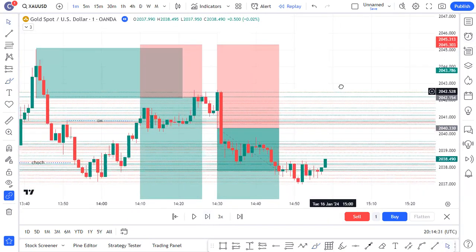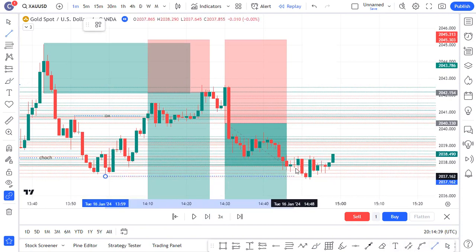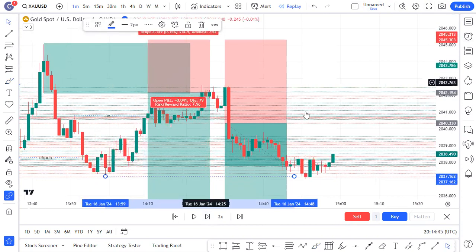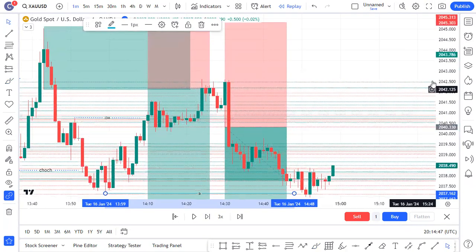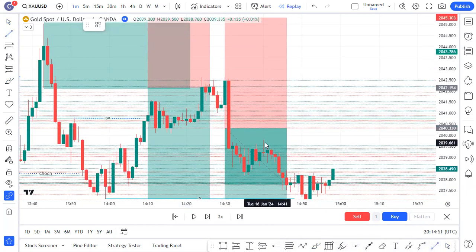Look at this. The market has broken this low. This low is broken, right? That low being broken is just another confirmation that this high is going to act as the inducement. Which high? This one.